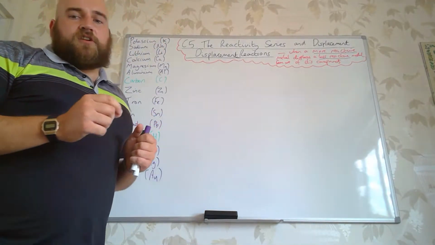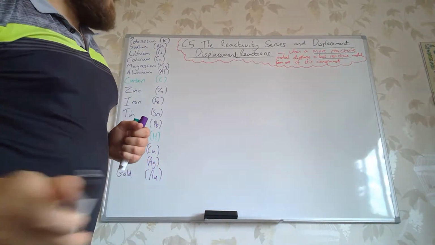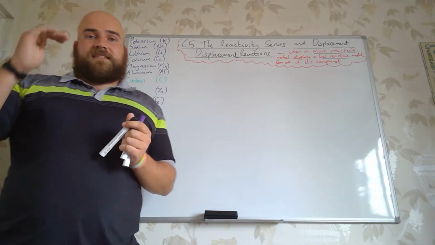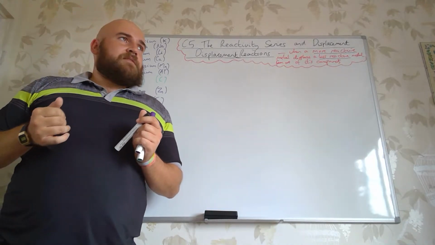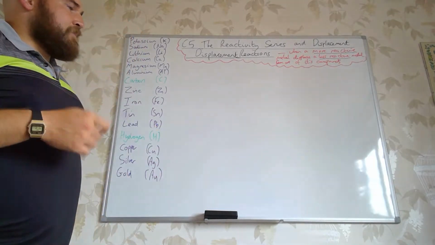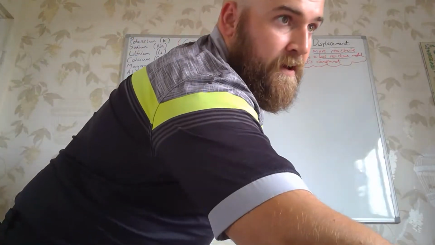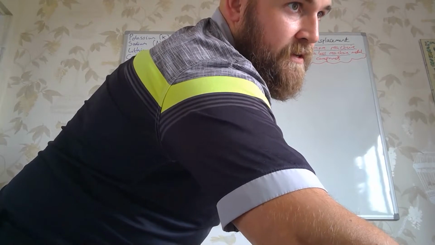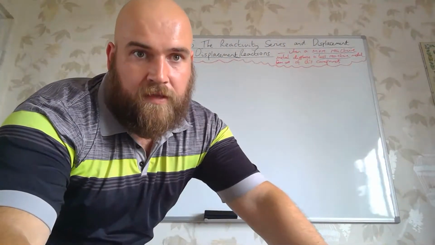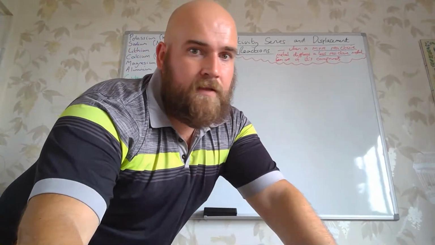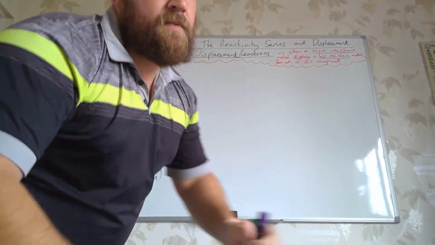Well, what I'll do is I'm going to use a couple of examples from the worksheet that I've set. So on the worksheet that I've set you this week, there's several different levels. There's level 2 questions up to level 8 and 9 questions. I'll do a couple of examples from each to help you out. So the first one, if we just have a look at this, is whether or not we think these reactions will happen. So let's have a look.